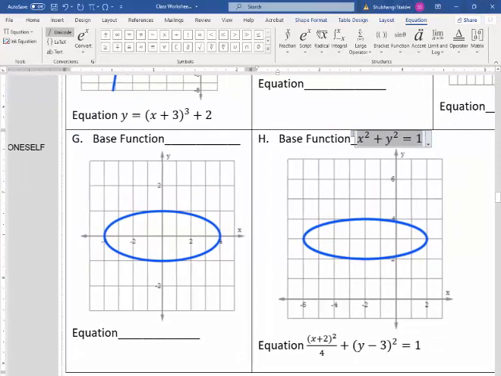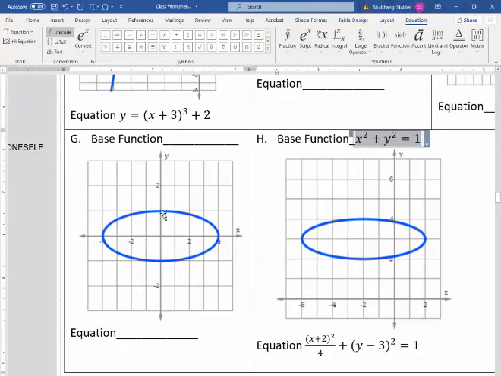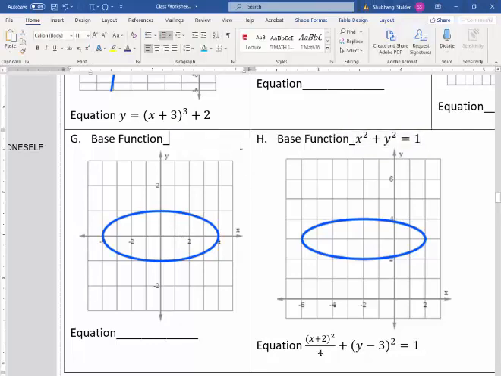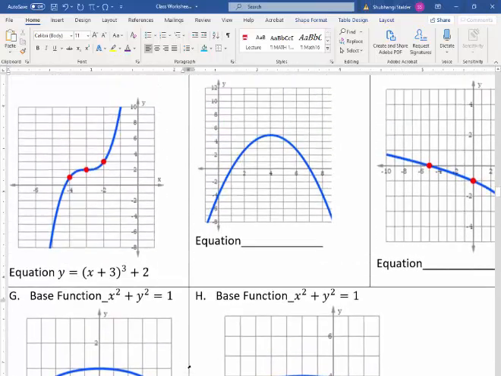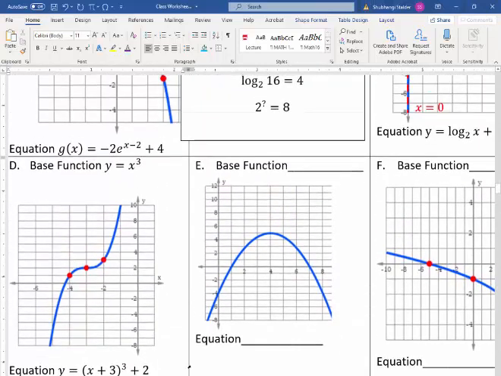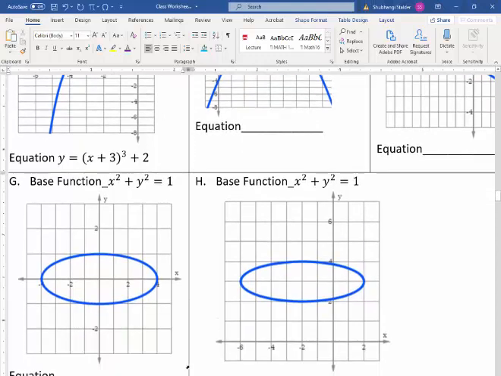Who did this one here? G, right? Yeah. We got square root of negative x plus 4, and then minus 3. Oh, sorry. Yeah, mine looks different. My numbers are off a little bit here.